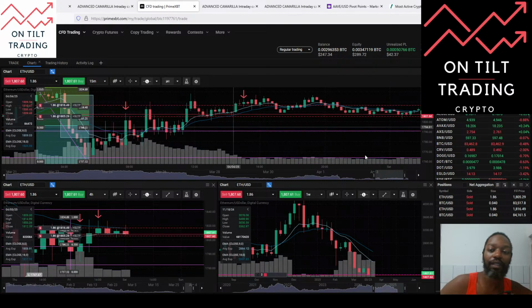But you can see whatever institutional trader is trading this is taking profits on the way up here. Very systematic. You can see there yesterday.